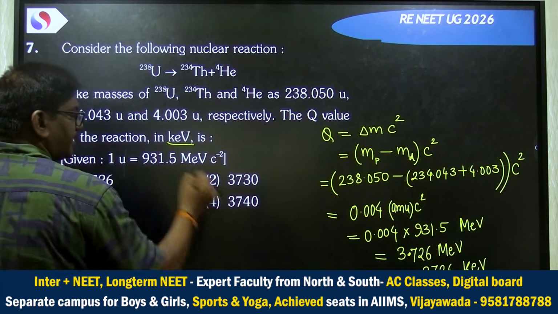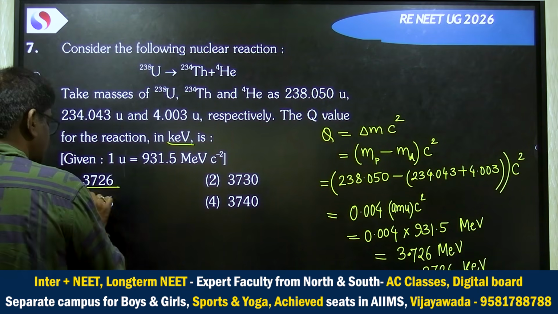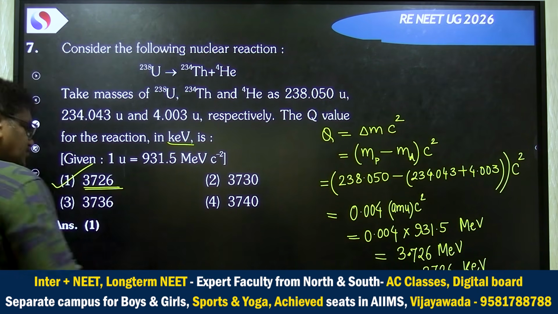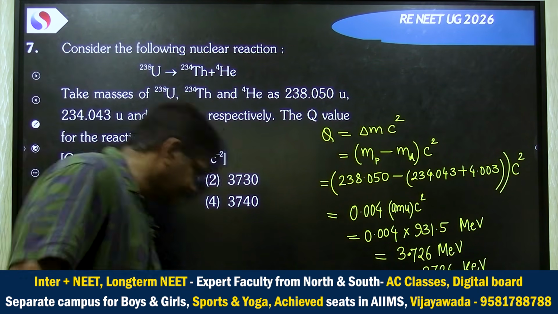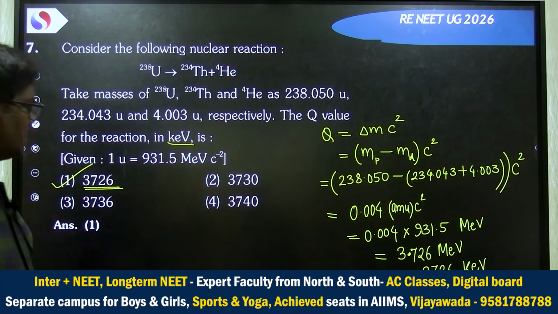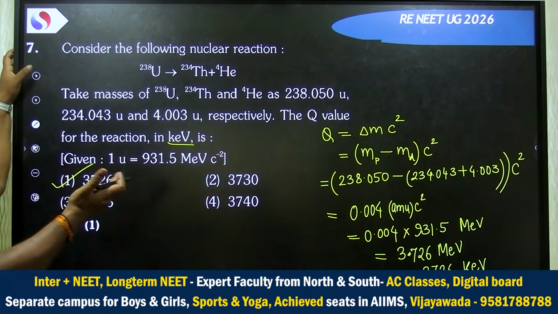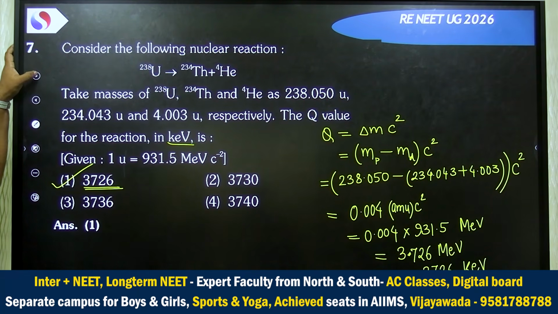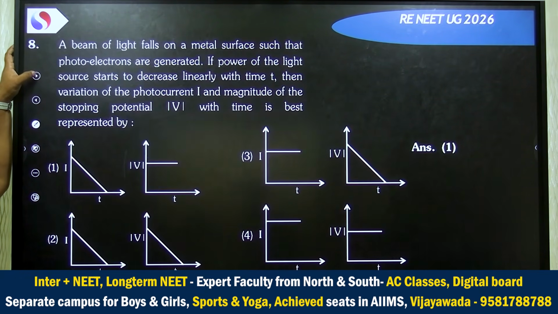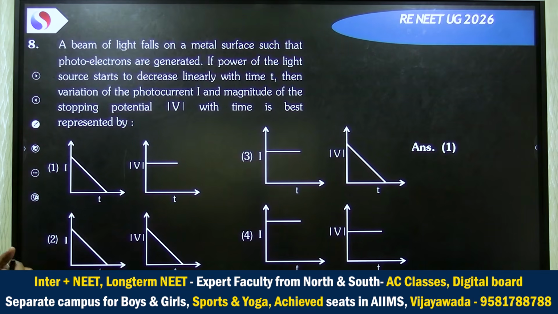That's why no decimal is required here, and the answer will be 3726. Okay. Moving to the next question. It is a direct question again, with only a little calculation because of decimals. It might take you one complete minute, but calculation wise and concept wise, it is a very easy question.